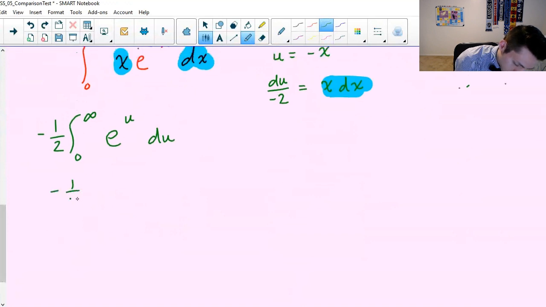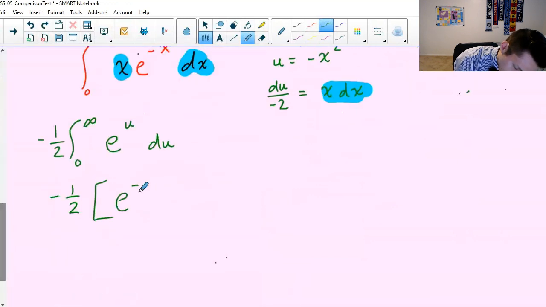So we have negative 1/2 e to the, and I'll go ahead and substitute back in, negative x squared from 0 to infinity.